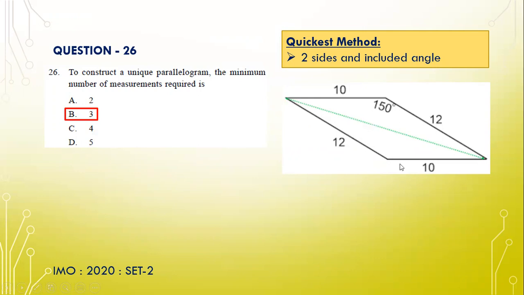You can draw a line which is parallel to this line, you can cut it off at 12, and then here you can draw a line which is parallel to this line, and where it intersects it will automatically be 10 because it's a parallelogram.